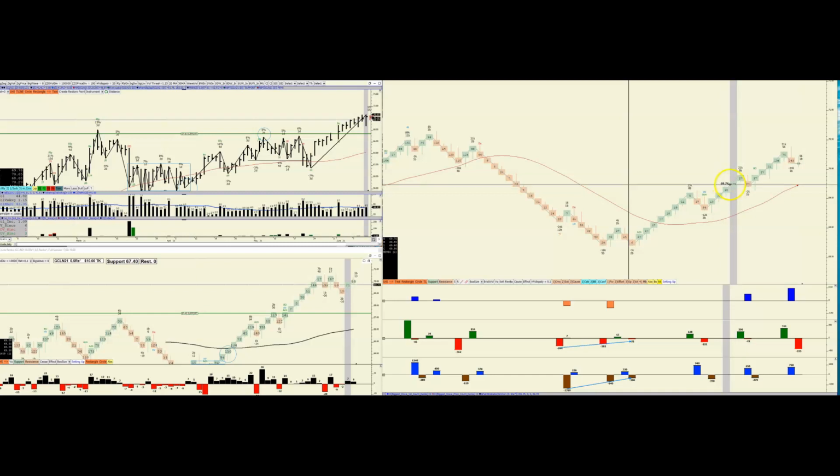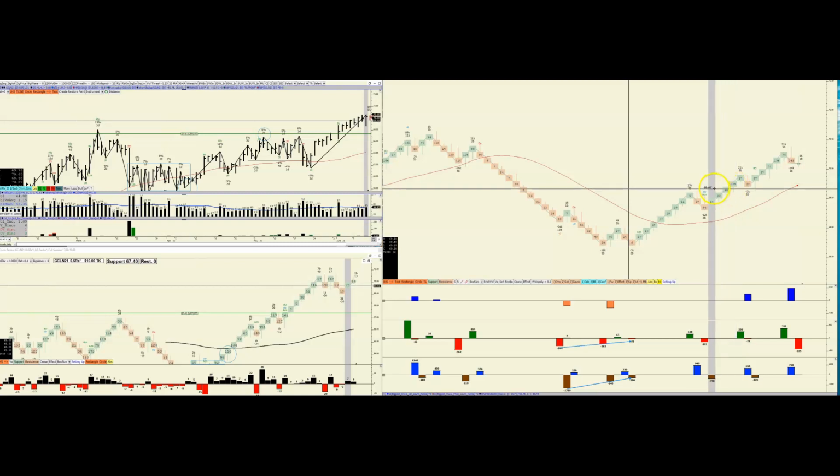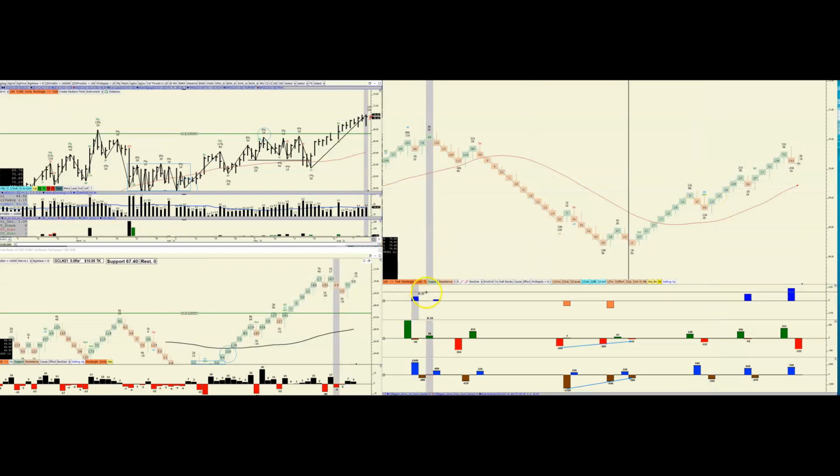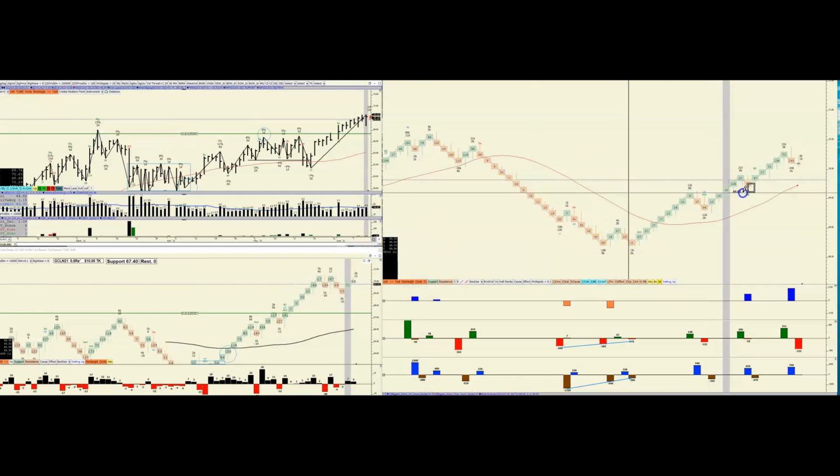It's because it's at a key point, and that point is right here, the 109, which is a lot of volume, and it is breaking out. So right there is your reason for a lot of volume.